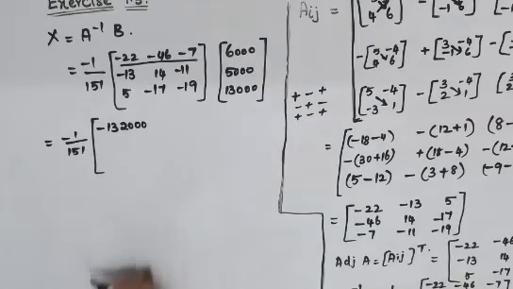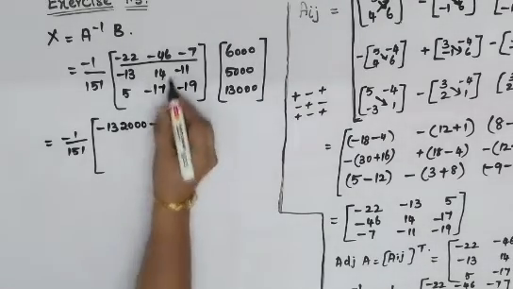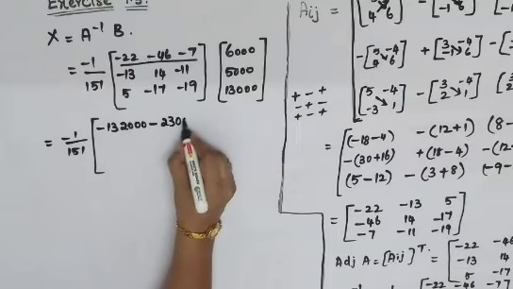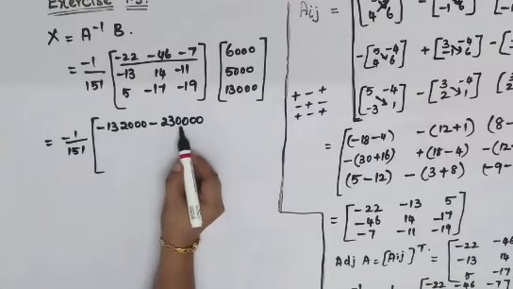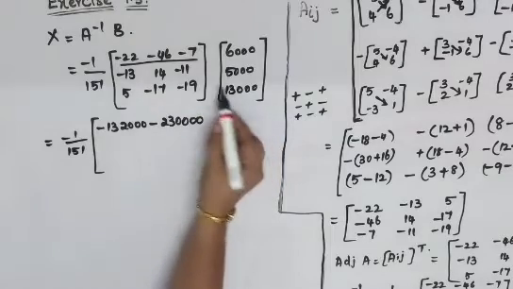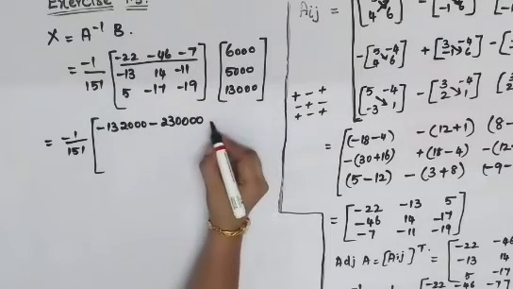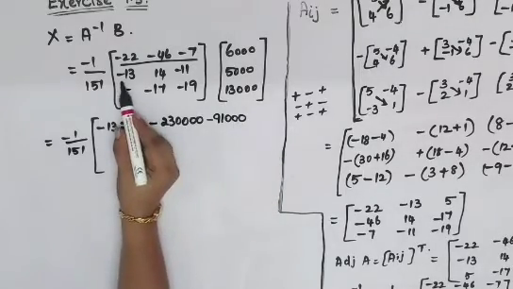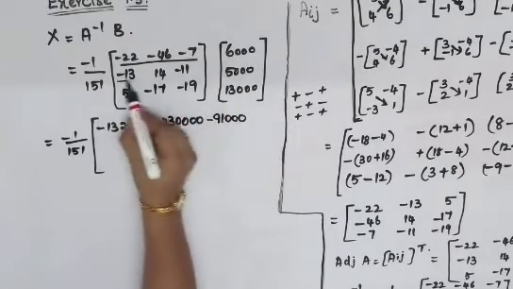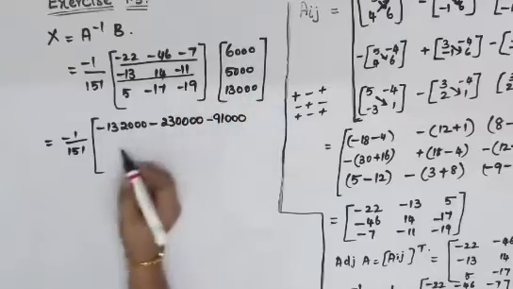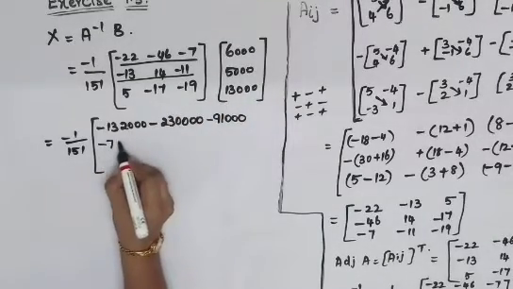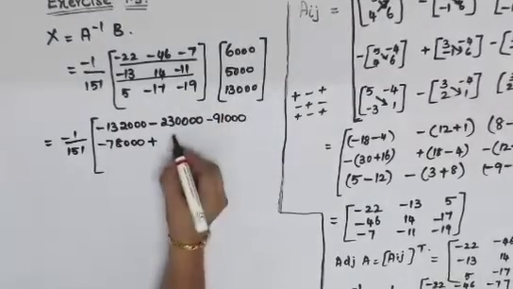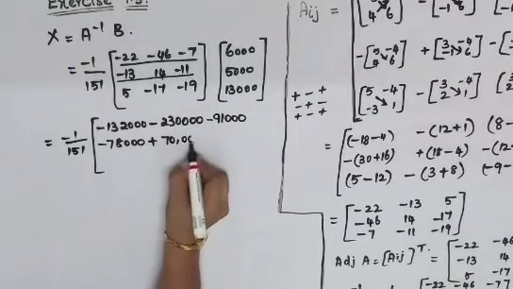132,000, that is 1,32,000. Minus 46 into 5,000, 2,30,000. Then minus 7 into 13,000, so minus 91,000. Then second row, this column. Minus 13 into 6,000, you will have minus 78,000, plus 14 into 5,000, you will have 70,000.